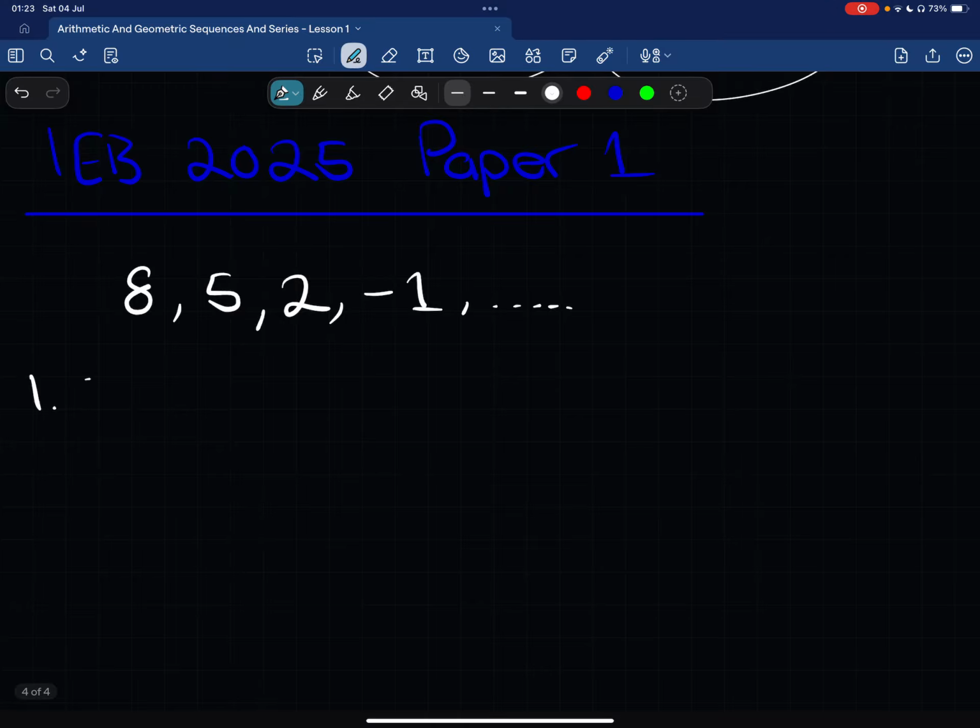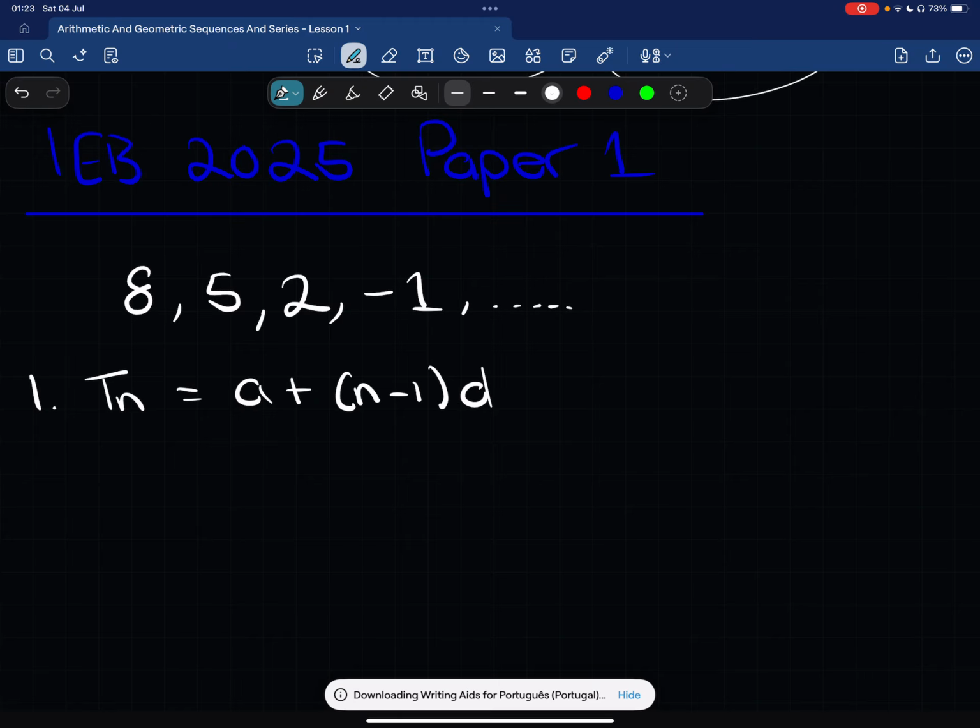We know that would be in the form Tn is equal to A plus n minus 1 all multiplied by d. Our first term over here is 8, which is our A, and our constant difference, we can work this out. 8 plus something is 5. So now our constant difference will be negative.